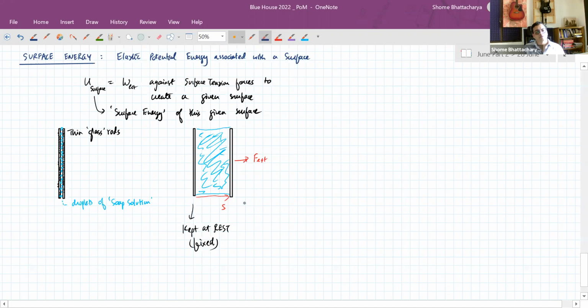So this is a thin film of soap solution.